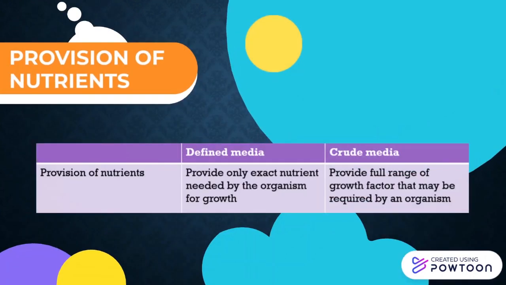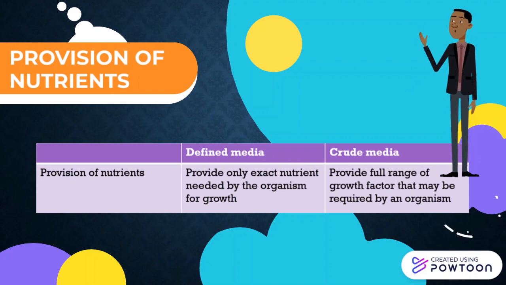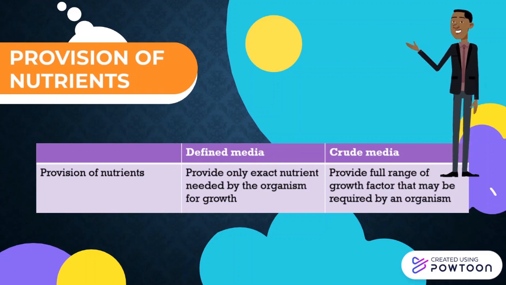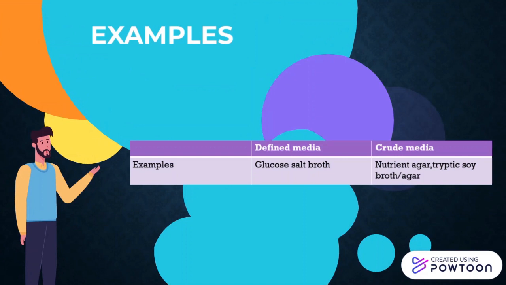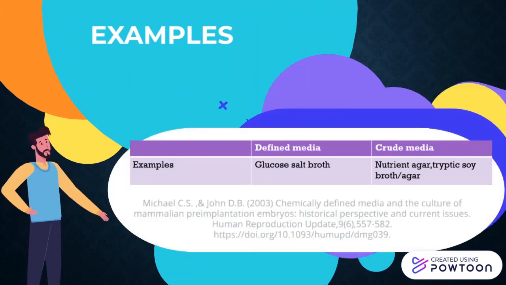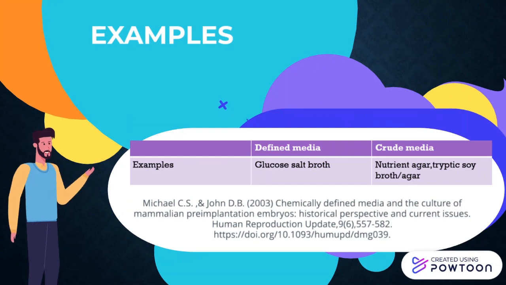Defined media only provide the exact nutrients needed by the organism for growth, whereas crude media contain a full range of growth factors that may be required by an organism. An example of defined media is glucose salt broth, whereas examples of crude media are nutrient agar, tryptic soy broth, or tryptic soy agar.